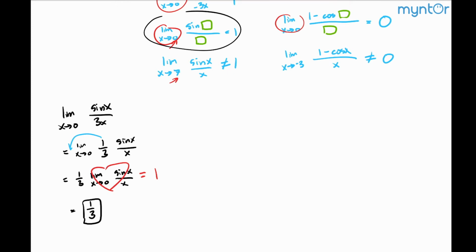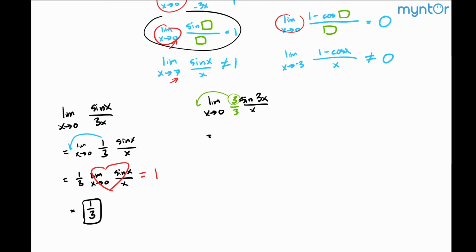Let's do another example. Let's say that I need to take the limit as x approaches 0 of the function sine 3x over x. What I can do is multiply the top and the bottom by 3, and then I can go ahead and bring this 3 out into the front as a constant.